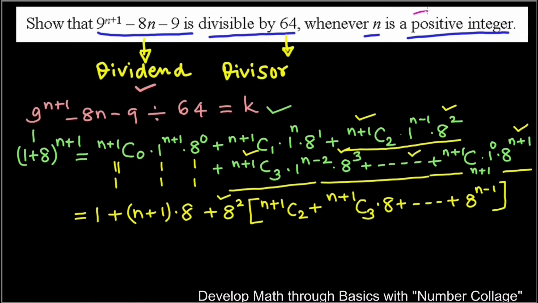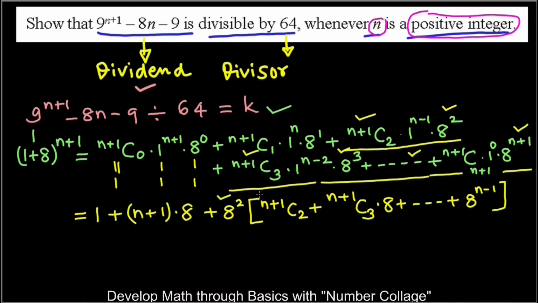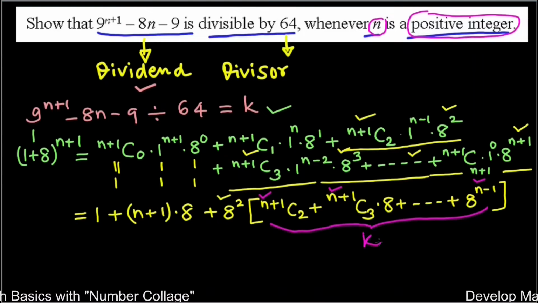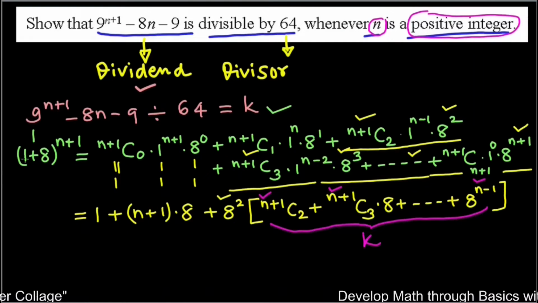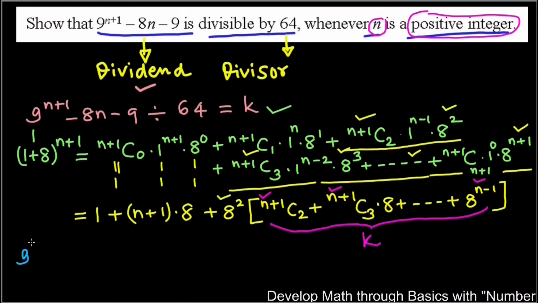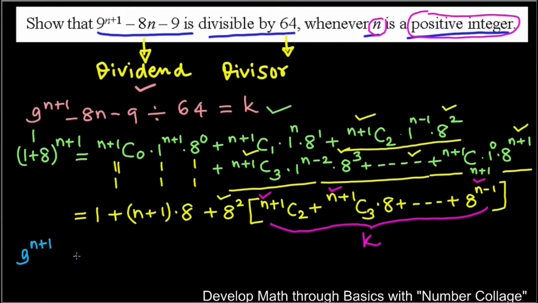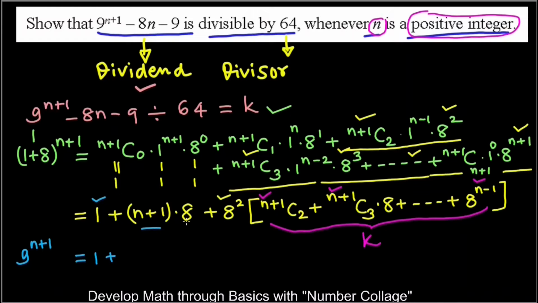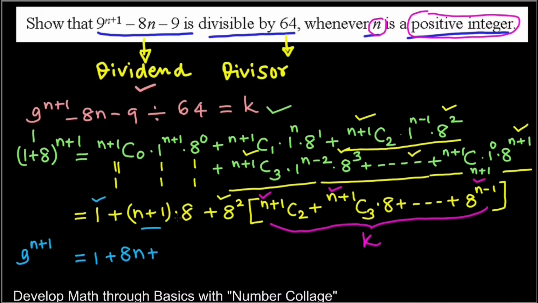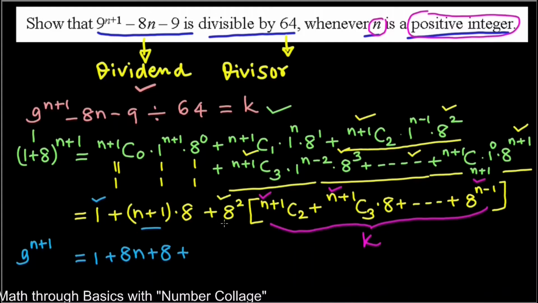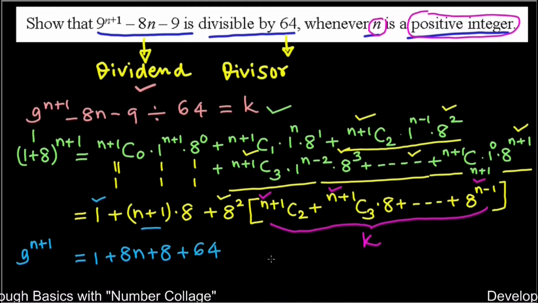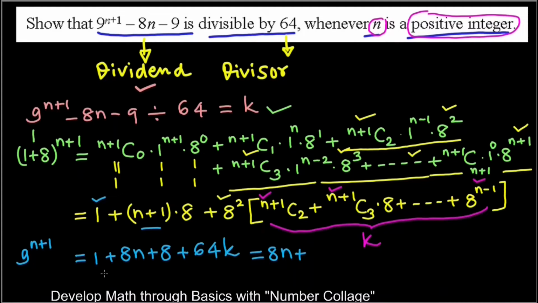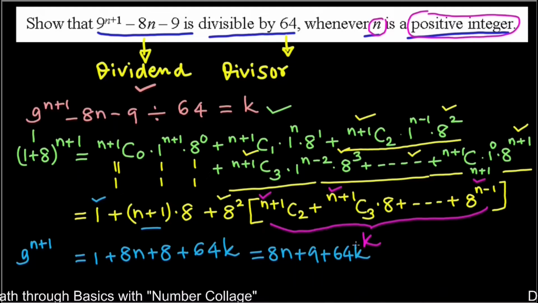Now for any positive integer n here, this whole bracket will be a positive integer k. So this will be 1 plus 8, which is 9 raised to n plus 1, equals this 1 plus, opening this bracket with this 8, it will be 8n plus this 8 plus this 8 square, which is 64, multiplied by this k, which will be 8n plus 8 plus 1, 9, plus 64k.